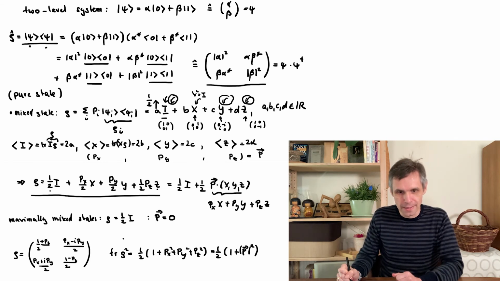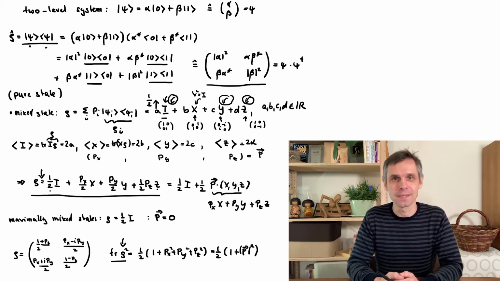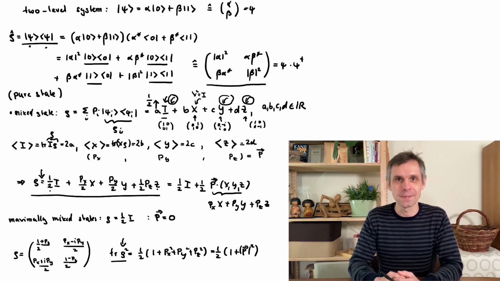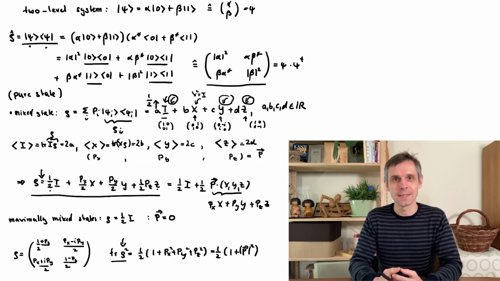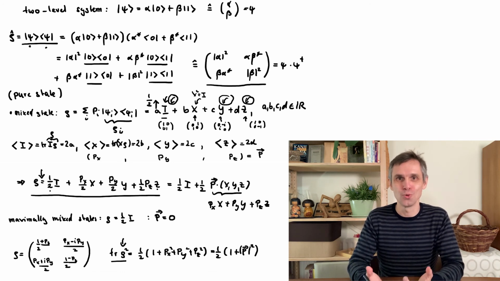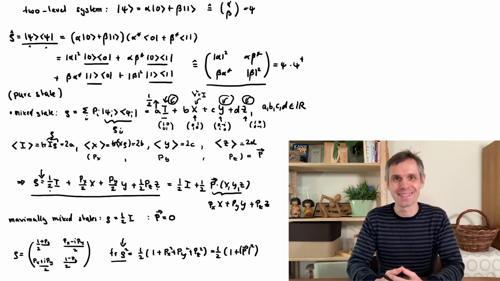Now you can actually obtain the very same result by just starting from this form here and working out first the square of this density matrix given with these matrices. What you will then encounter are products of Pauli matrices and products of Pauli matrices with the identity matrix. And so this is just going to reduce into other Pauli matrices and the identity matrix.